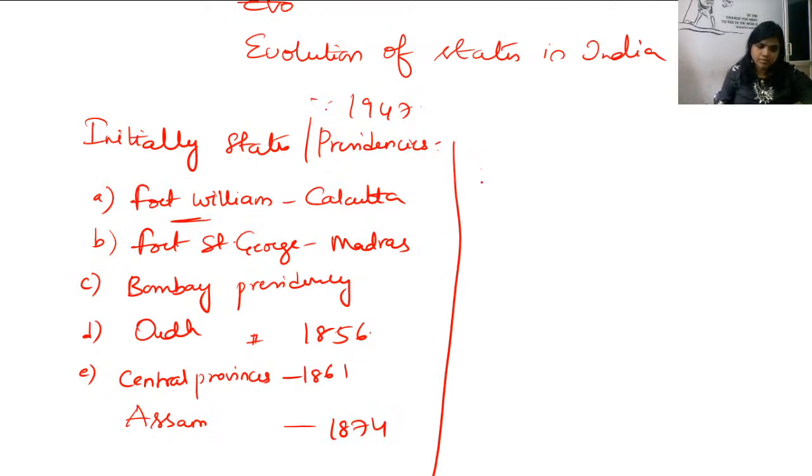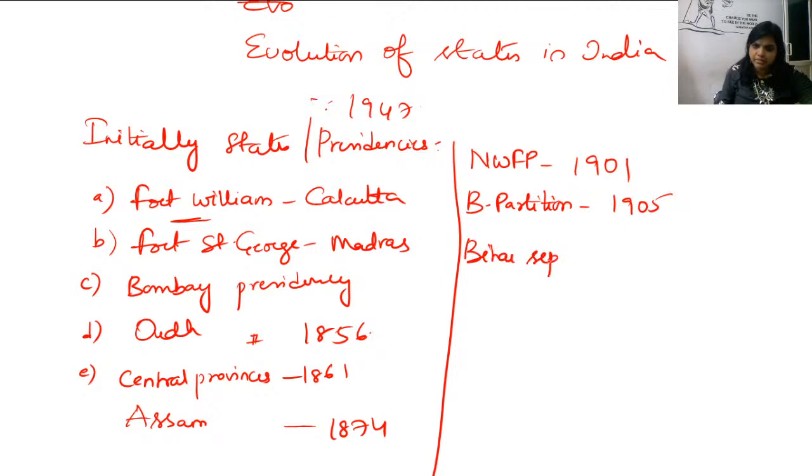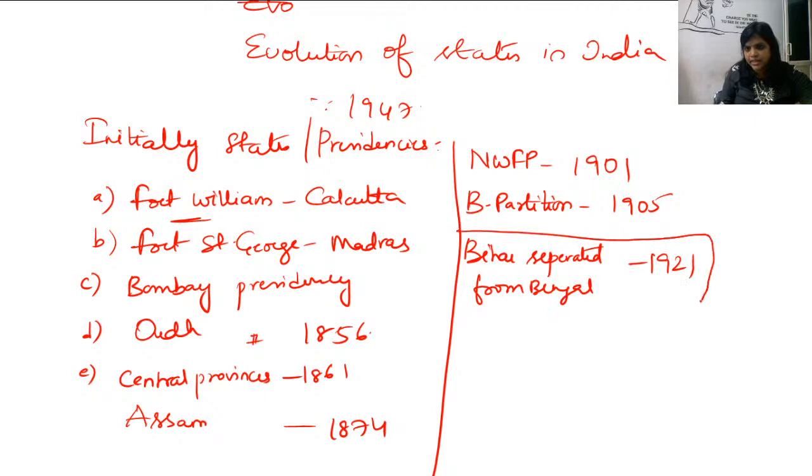After that, we have the Northwest Frontier Province in the year 1901. Bengal Partition in 1905. Bihar separated from Bengal in the year 1921. Please keep this in mind.